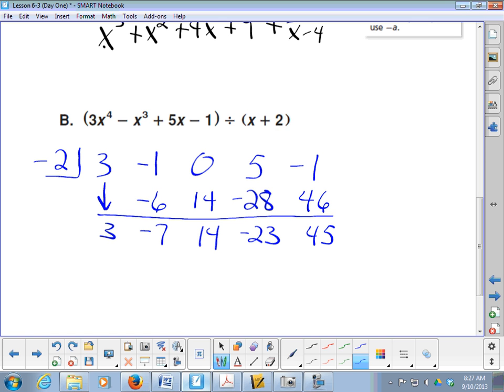So my powers are always reduced by 1. So if I started with x to the 4th, we have 3x cubed minus 7x squared plus 14x minus 23 and plus 45 over x plus 2. And that is our answer.